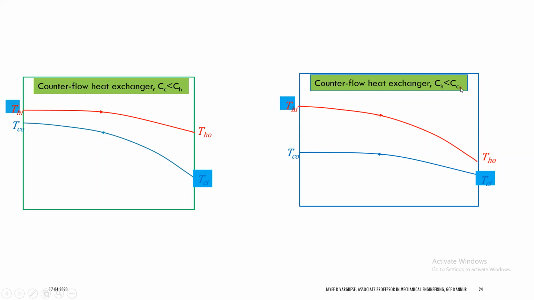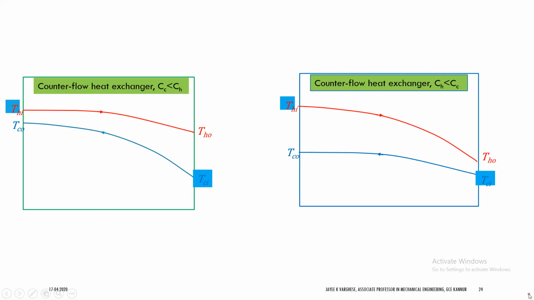If CH is less than CC, that is, the hot fluid has the lower value of heat capacity, in this case the hot fluid will undergo more temperature variation. Now for this heat exchanger, if we increase the length to infinity, THO will decrease and tend towards TCI.